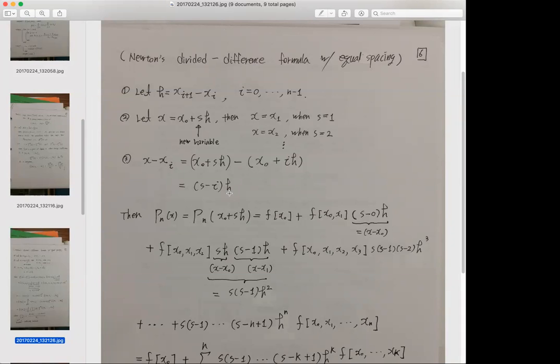Now we're going to apply this to the algebraic expression of the nth degree Newton polynomial.